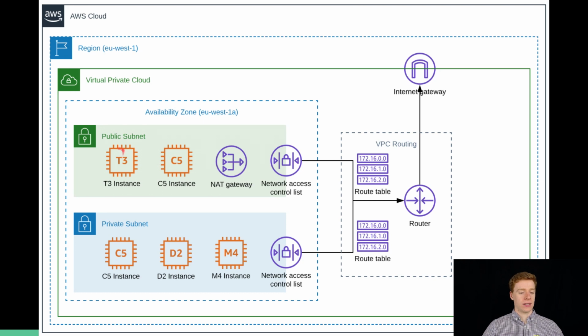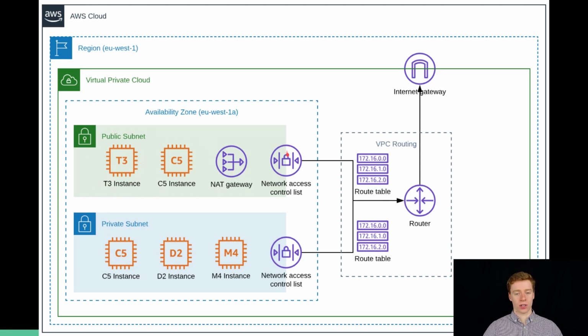So let's say this T3 instance needs to talk to the internet. So this T3 instance is going to talk to 8.8.8.8. It's going to come out, and the first thing is it's going to look at its security group. So its security group sits around the instance, and if the traffic can leave, then it's going to leave, and it's going to hit the network access control list on the subnet.